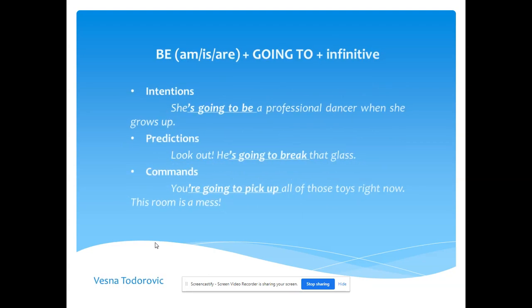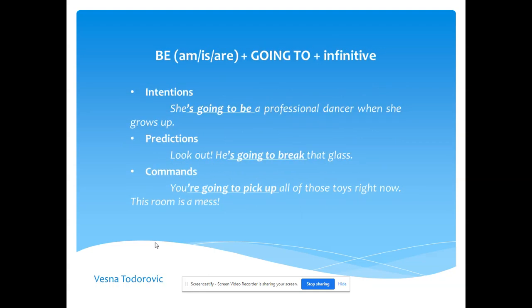And the last form that we are going to describe today is the structure be going to plus infinitive. You can see how it's formed. And it can express intentions, so something that we intend to do in the future, like she's going to be a professional dancer when she grows up, predictions, or something that we see is going to happen.